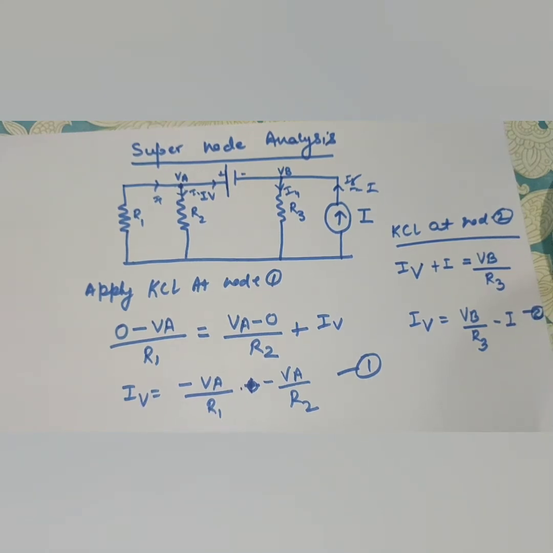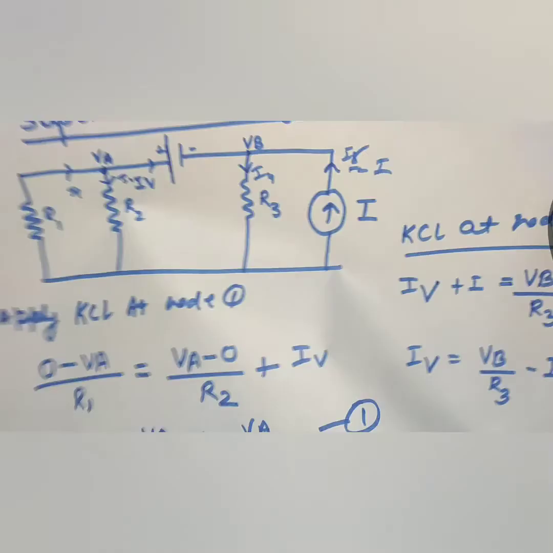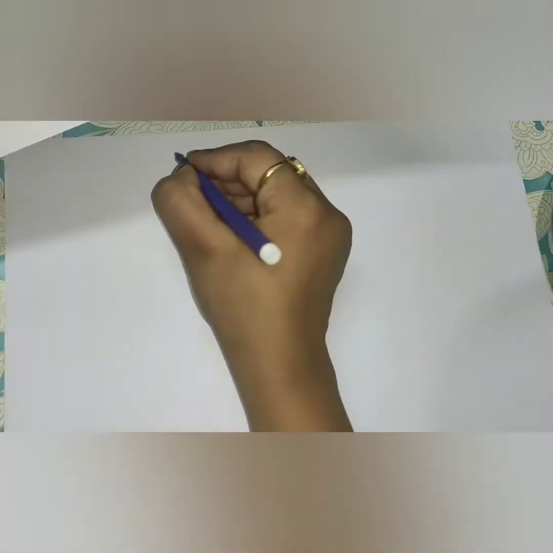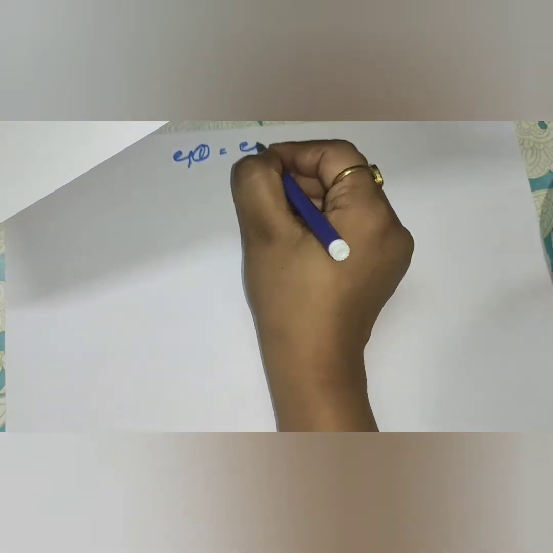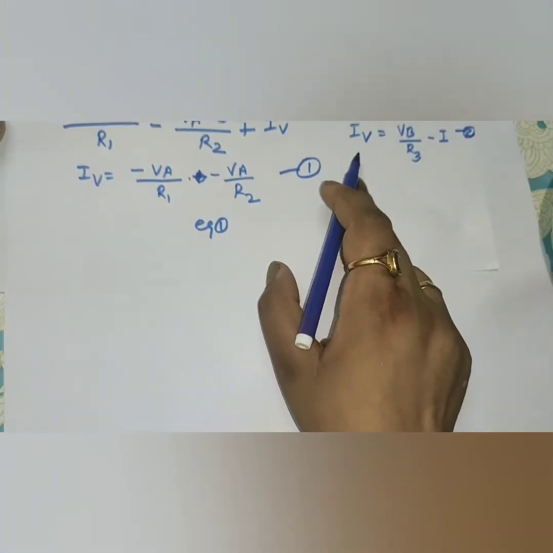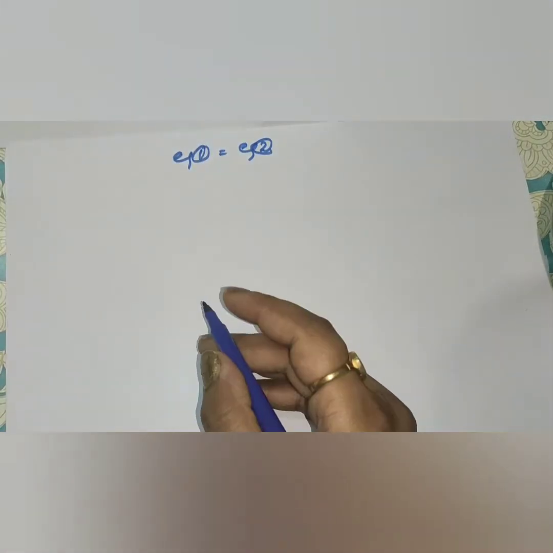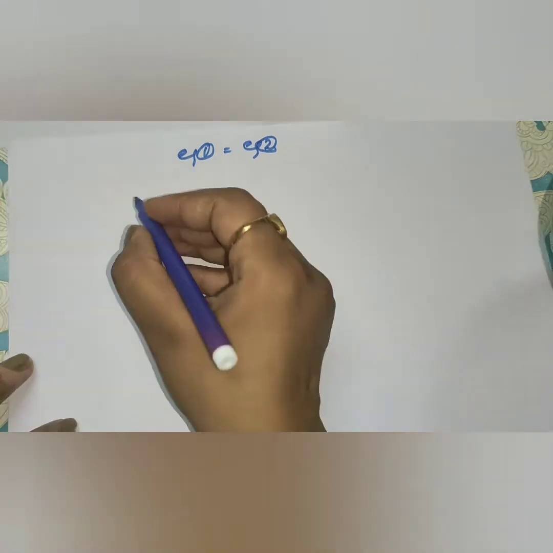Now equating equation 1 and equation 2, IV in both, so IV is getting cancelled.